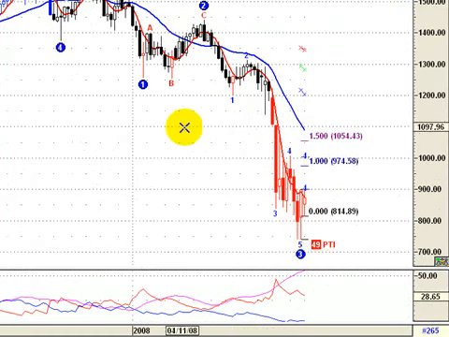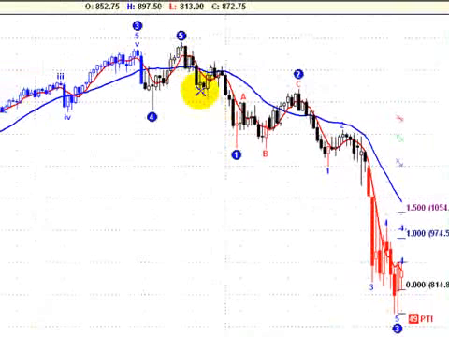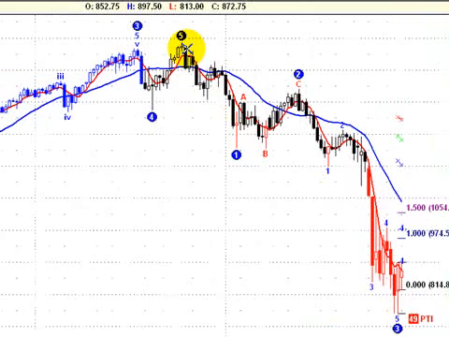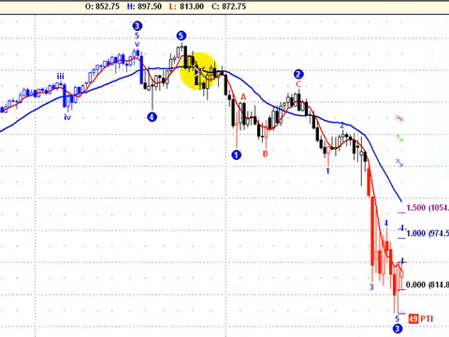But if we manage to change the count to the count I prefer, this count has several consequences. The first consequence is that you don't have that one here, but you have it here in this pivot. So you have it in March 21 instead of the week of January 25.